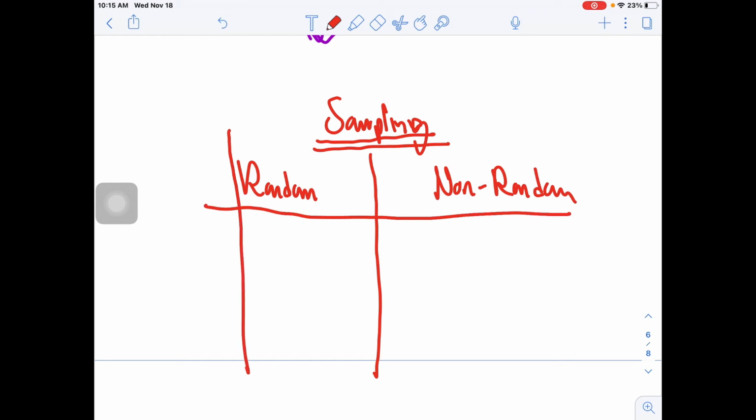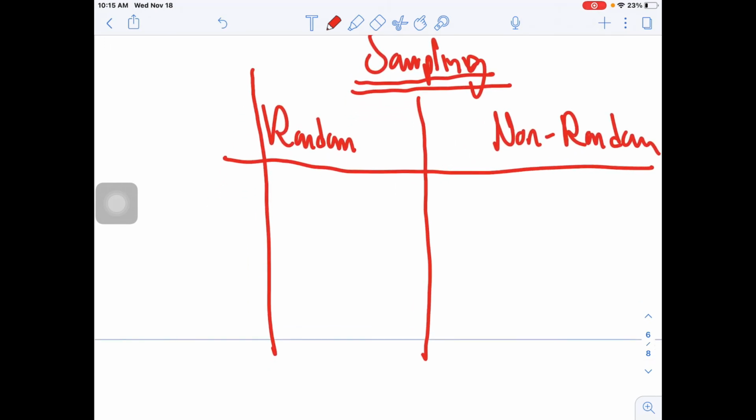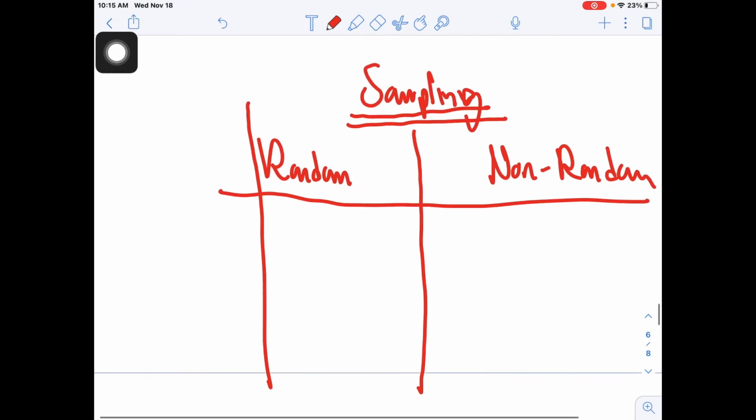Okay, but now let's say we have our sample. Let's say I grabbed 40 people somehow. And now those 40 people in my experiments, I have to put those 40 people into 2 different treatment groups. So I have to put 20 in one group and 20 in the other.